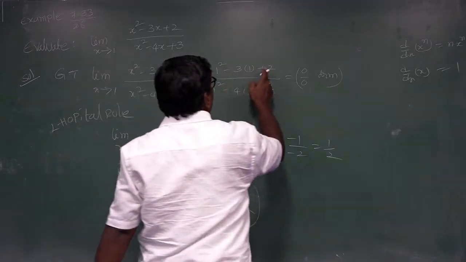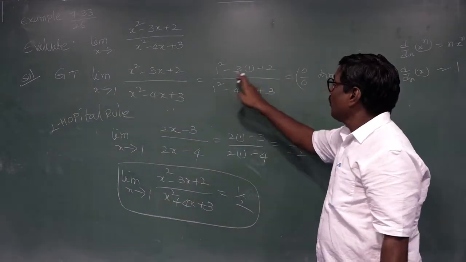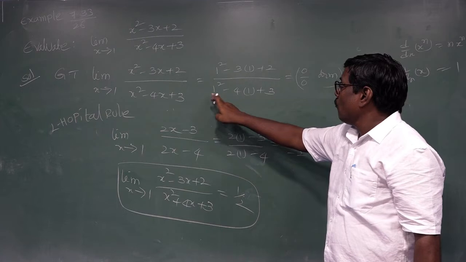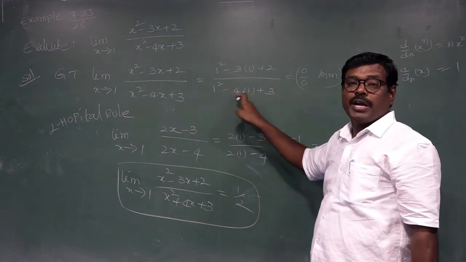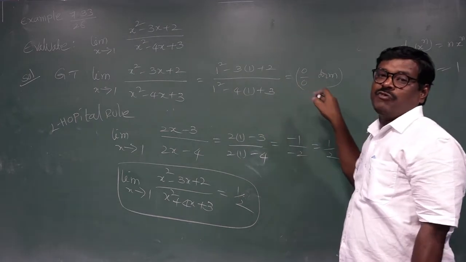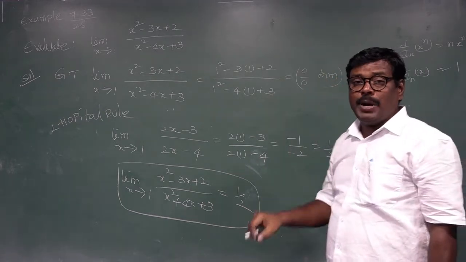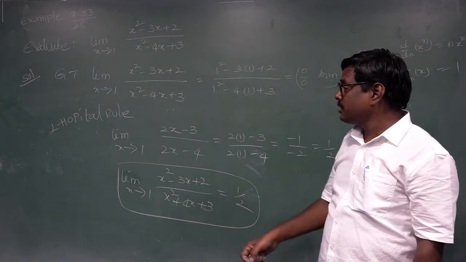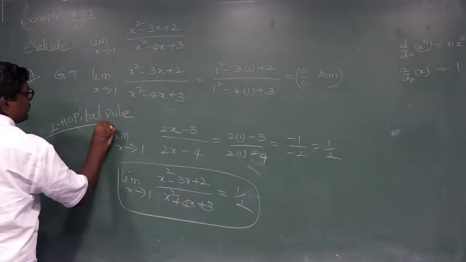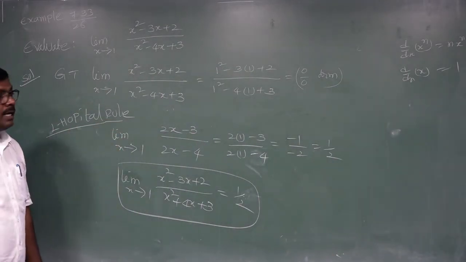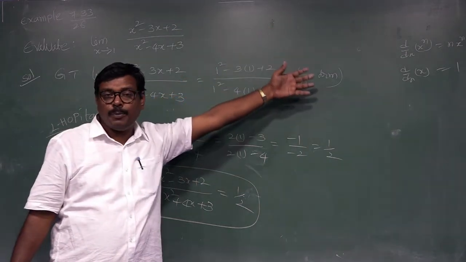In the numerator, 1 plus 2 is 3, minus 3 is 0. In the denominator, 1 plus 3 is 4, 4 minus 4 is 0. This is an indeterminate form, 0 by 0. The method for an indeterminate form is the L'Hospital rule.